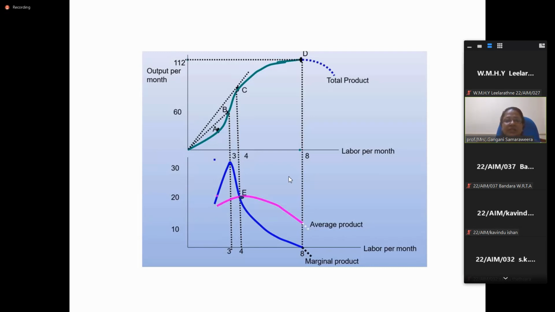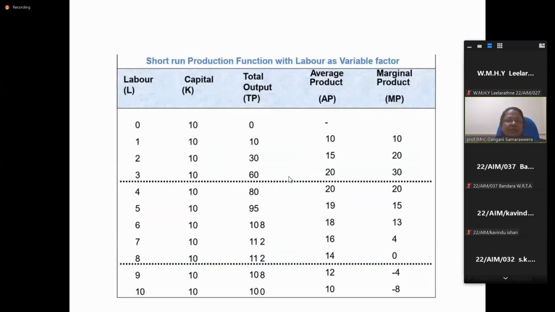So here, first of all, I am giving you 2 inputs. I have given only these 2: capital is not changing, labor is changing, and total output is given. You have to calculate the average product and marginal product.